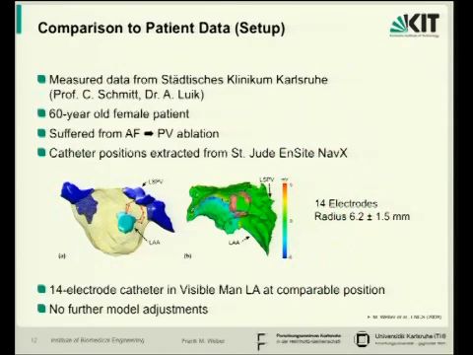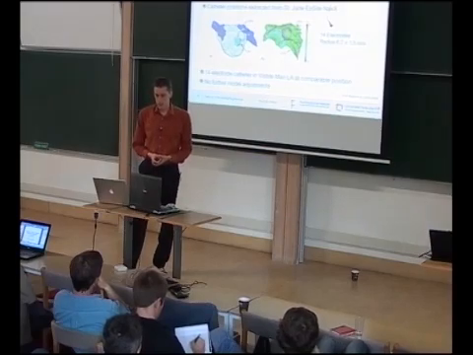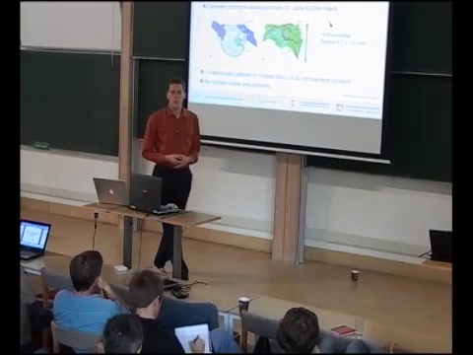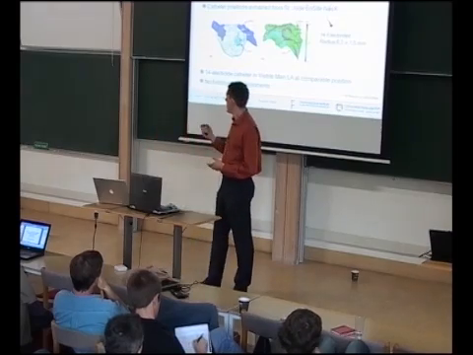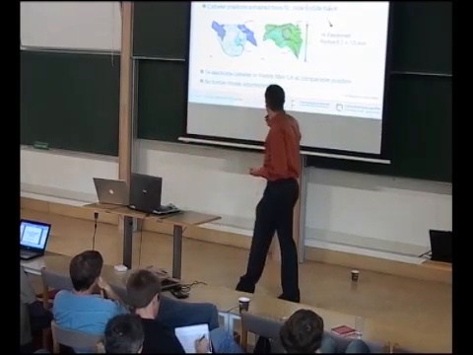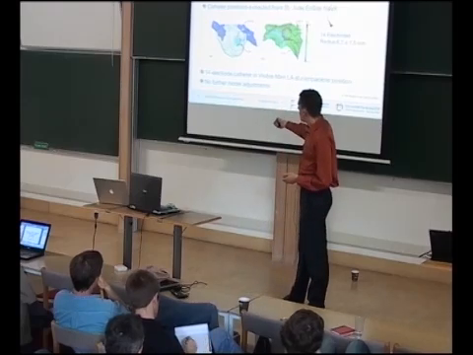And then first we did just some simulation studies with these signals, but also did a first comparison to patient data, which we got from the hospital in Karlsruhe. So it was from a 60-year-old female patient, and she suffered from atrial fibrillation, went there for pulmonary vein isolation.